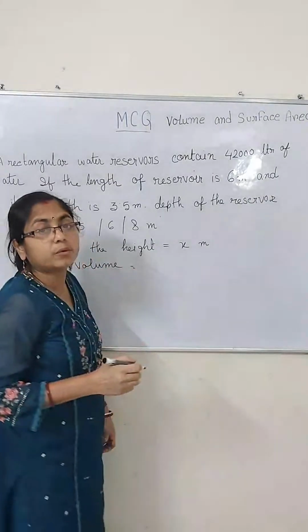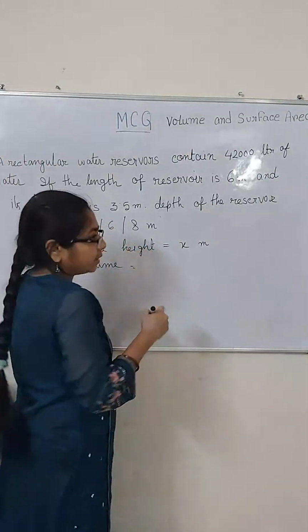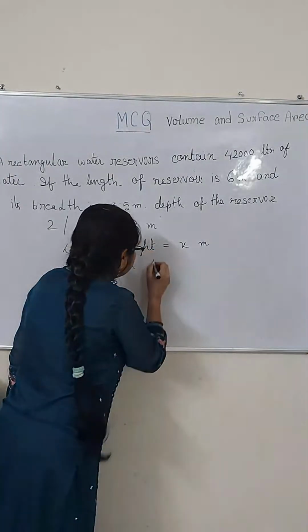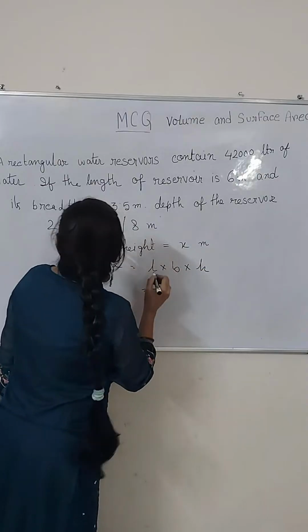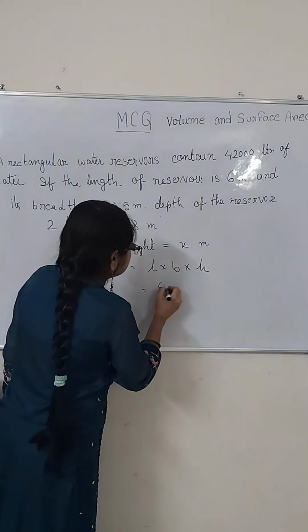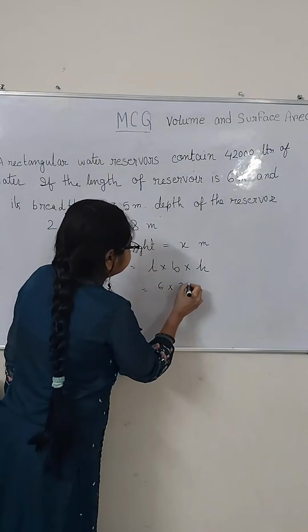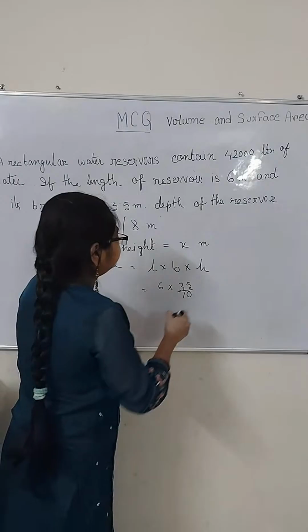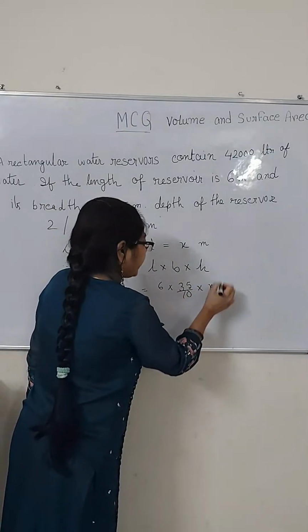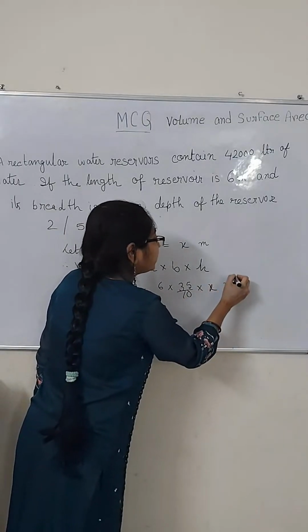What is the formula? Length into breadth into height, L into B into H. L is 6, B is 35 by 10, and x meter cube.